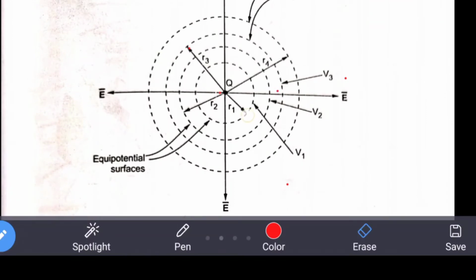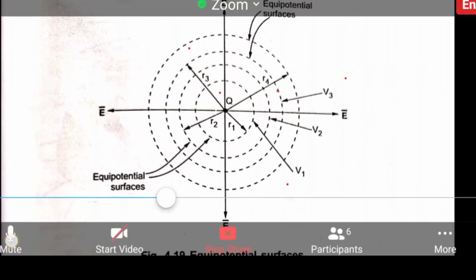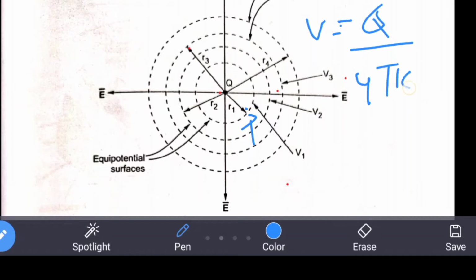The potential at any point at radial distance R, suppose at point P, is V equals Q by 4 pi epsilon naught R. Here the distance is R1 that we have to consider.